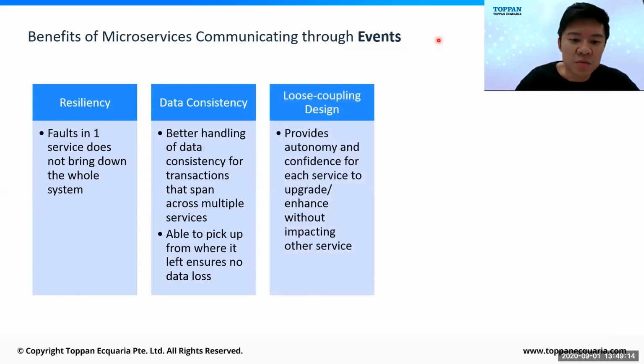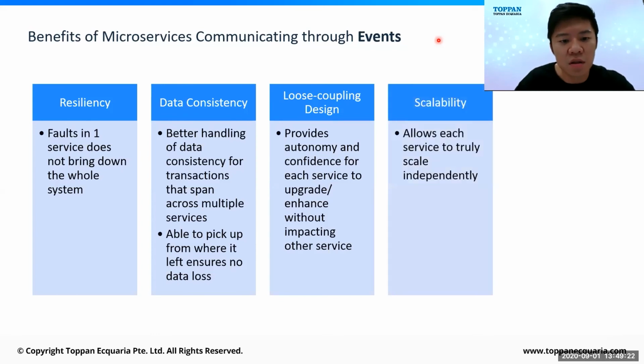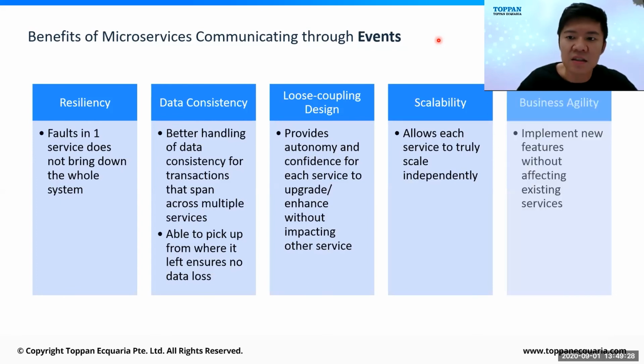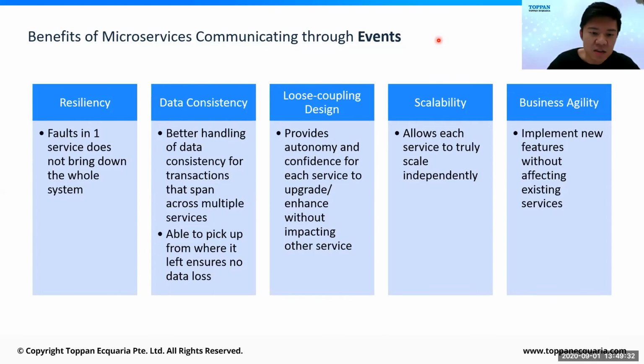The loose coupling provides autonomy and confidence for each service to upgrade or enhance without impacting other services. It also provides better scalability that allows each service to truly scale independently. And last but not least, as demonstrated earlier, it provides business agility on how easy it is to build new services and plug in without having to change other services.